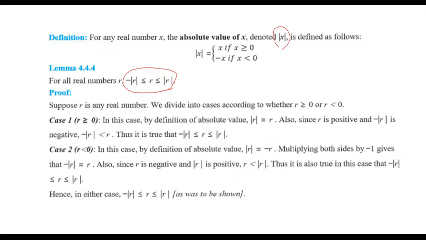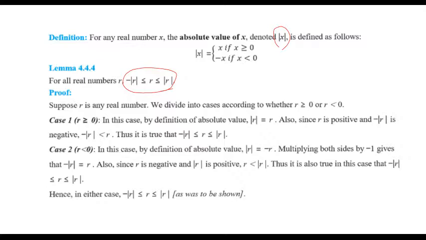Since R is a real number, we can divide the problem into two cases. The first case is R is greater than or equal to 0. The second case is R is less than 0. So since R is a real number, either it is negative or non-negative.